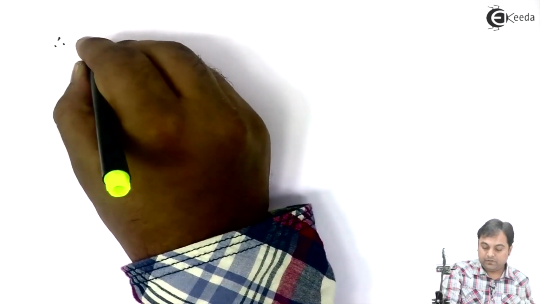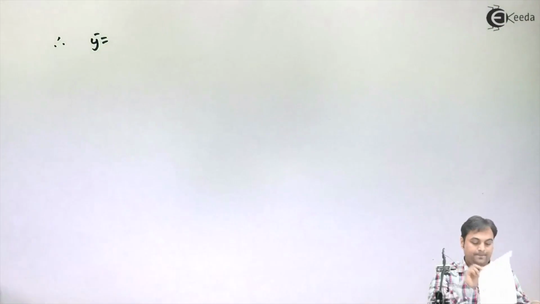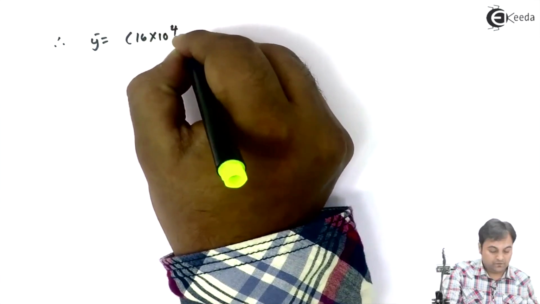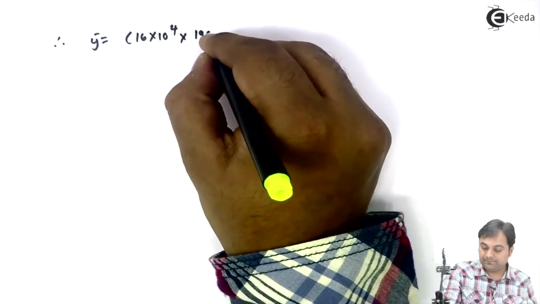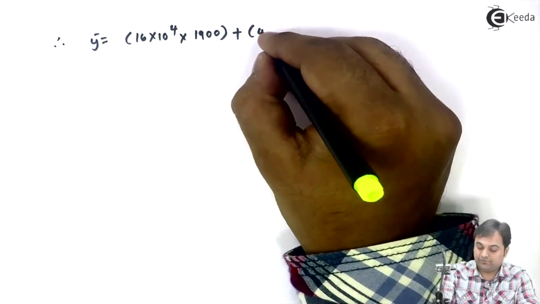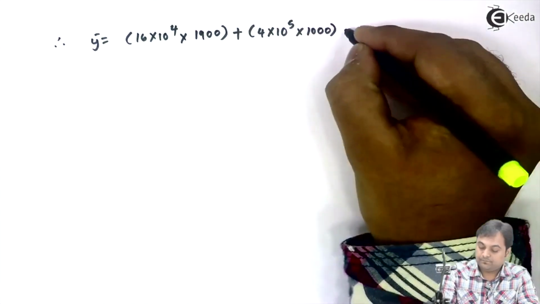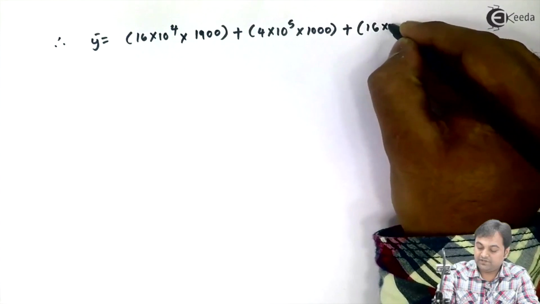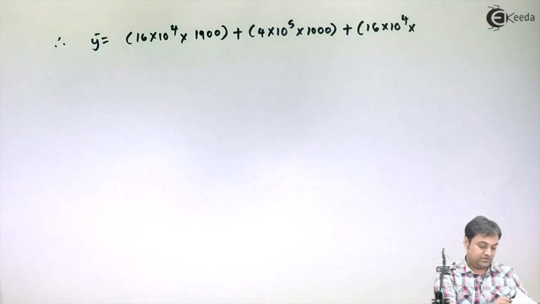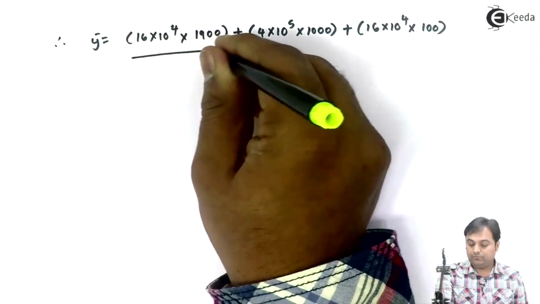Therefore, y bar is equal to a1y1, where a1 is 16 into 10 raised to 4, y1 is 1900, plus a2y2, a2 is 4 into 10 raised to 5, y2 is 1000, plus a3y3, a3 is 16 into 10 raised to 4, y3 is 100, divided by area 1 plus area 2 plus area 3.